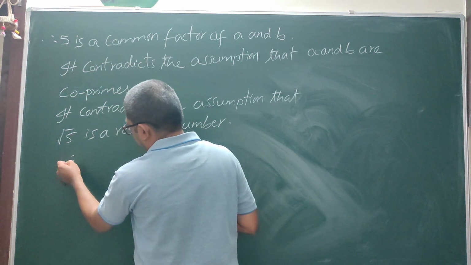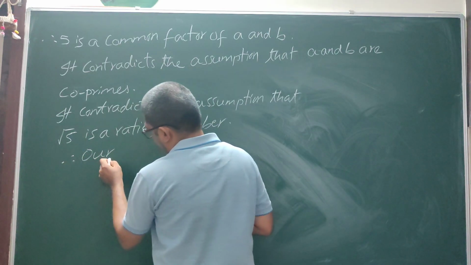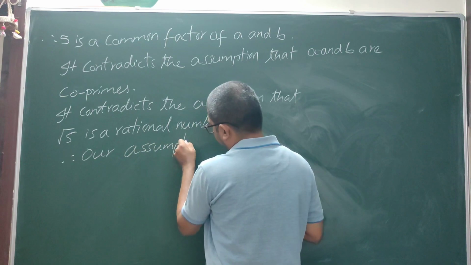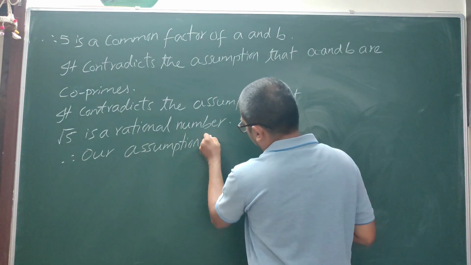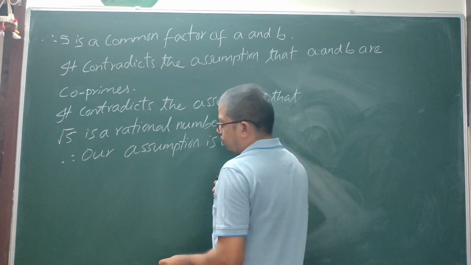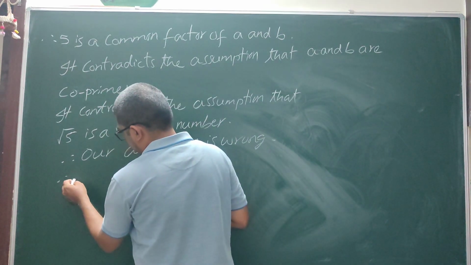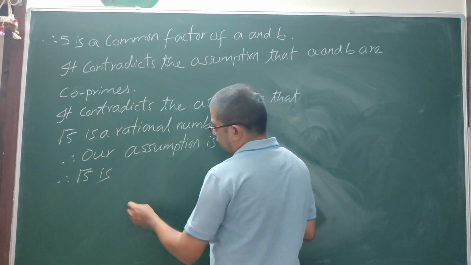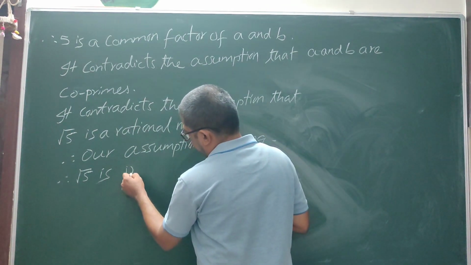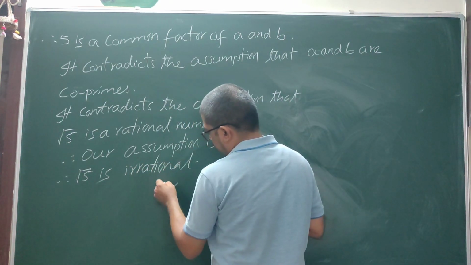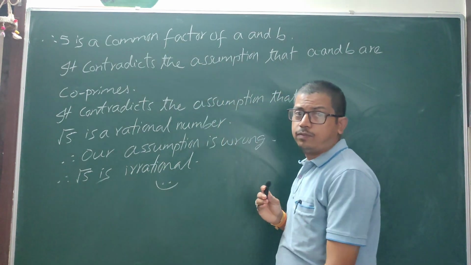Therefore, our assumption is wrong. Therefore, root 5 is irrational, or root 5 is an irrational number.